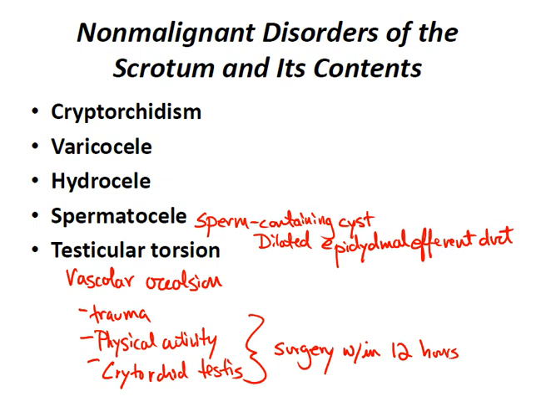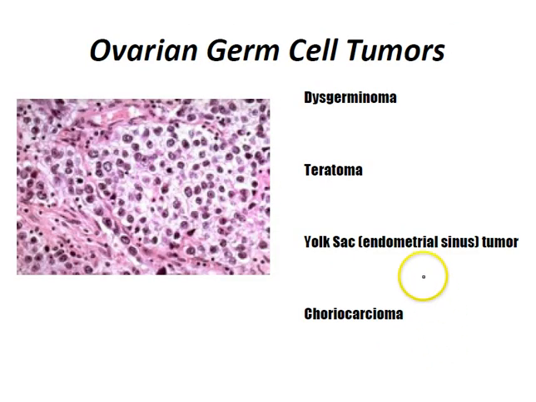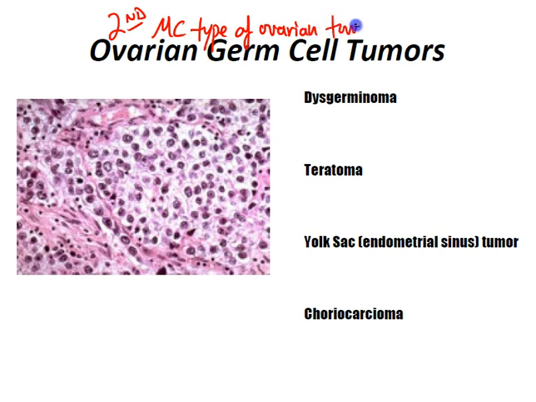Now let's talk about ovarian germ cell tumors. Germ cell tumors are the second most common type of ovarian tumor. They comprise approximately 20% of all ovarian tumors.